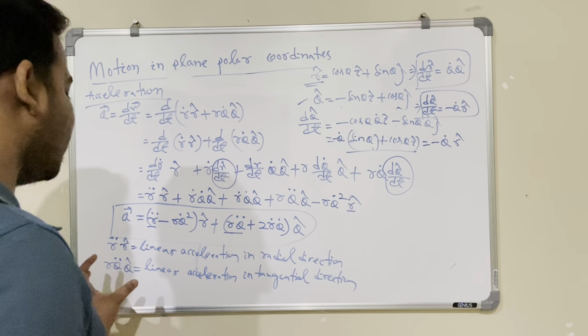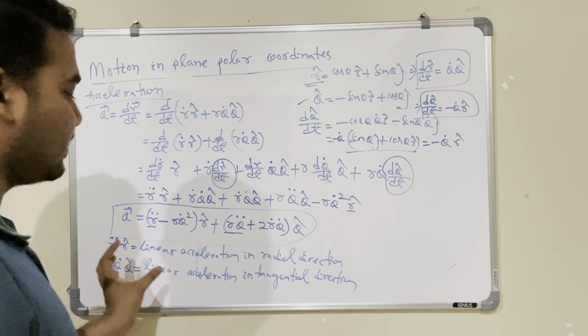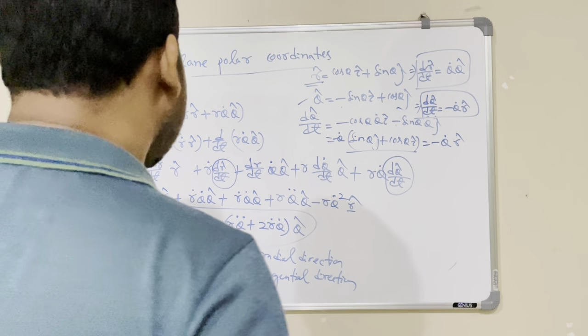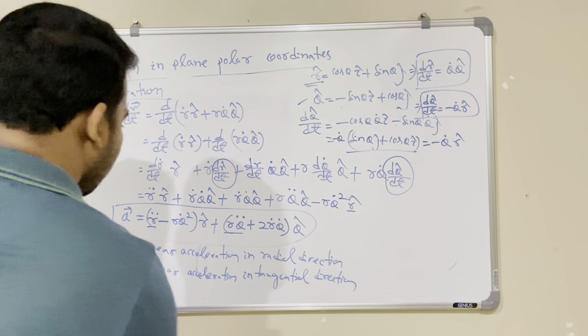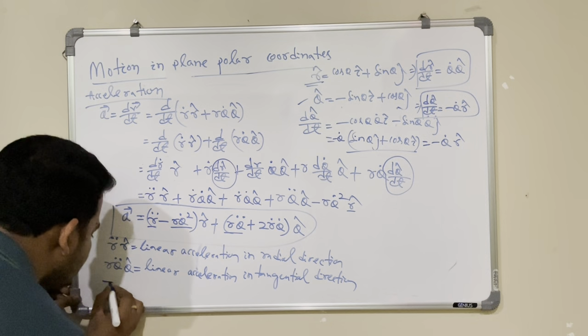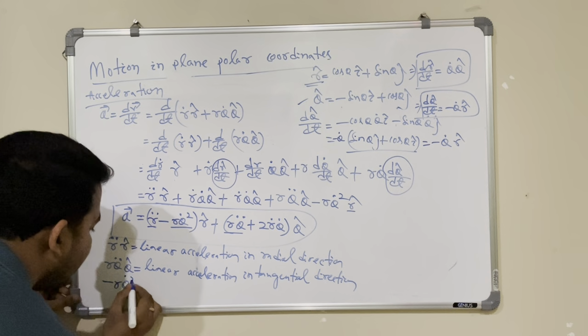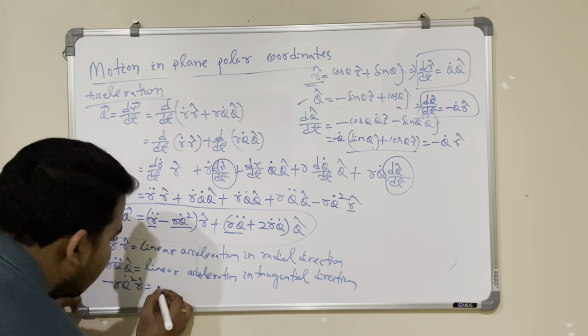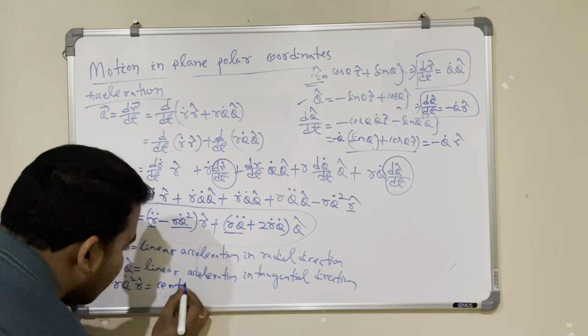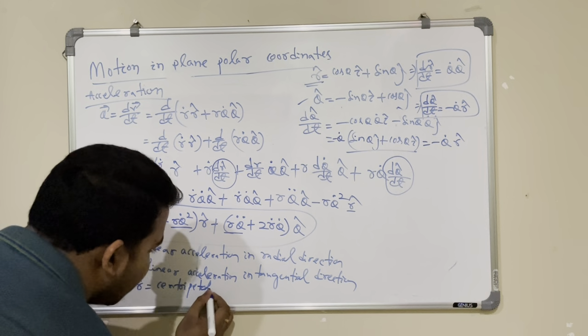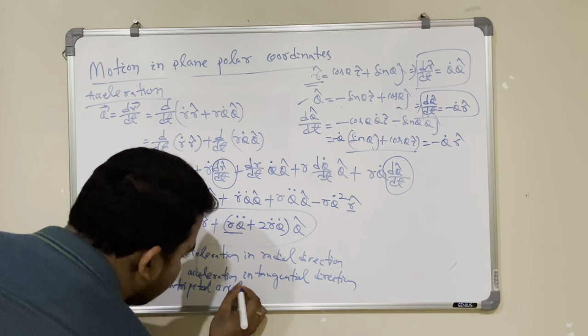If the angular velocity changes, then this linear acceleration in tangential direction happens. And this part, minus r theta dot square r cap, is the centripetal acceleration.